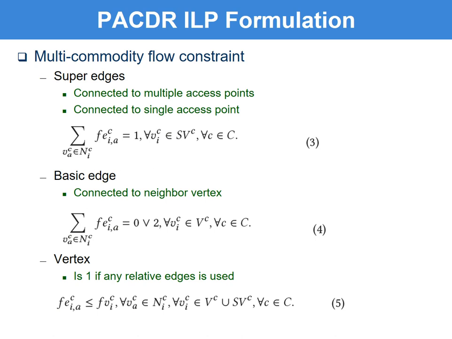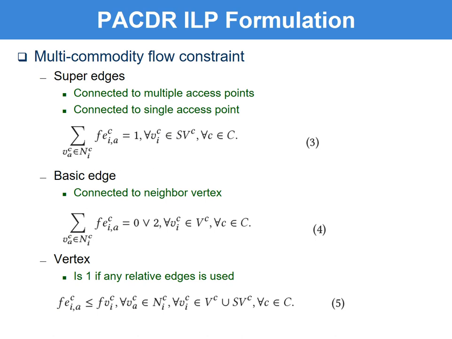Our proposed ILP formulation aims to solve the problem of undirected graph-based multi-commodity flow. The formulation is designed to handle both single and multiple sources and targets, which are unified as a super vertex. The formulation incorporates 2 types of edge constraints, super edges and basic edges.